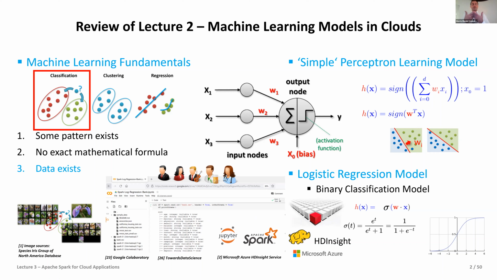Somehow the people, in terms of their personalities, their jobs and their features, have a pattern. There was no formula saying the musicians always deposit a lot of money. So there's no mathematical formula, but we have lots of data from the bank, from previous people depositing. So essentially a typical machine learning problem, with a very simple algorithm for binary classification. Will they deposit? Will they not deposit?